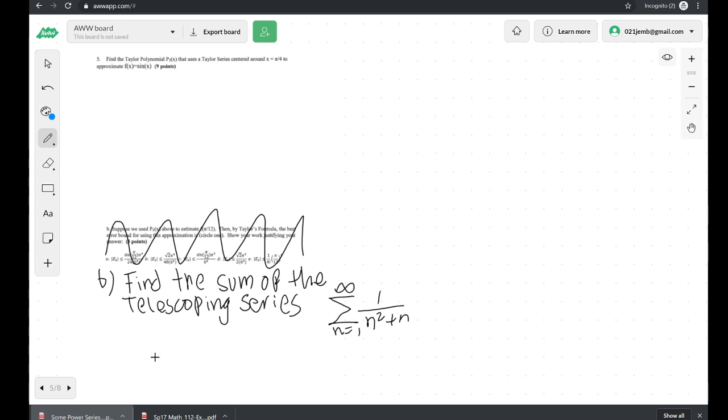So for question 5, we're going to find the Taylor polynomial P3 of x that uses a Taylor series centered around x equals pi over 4 to approximate f of x equals sine x. Now for this question, the Taylor series around some point a is going to be the sum from k equals 0 to infinity of the kth derivative of f at a times x minus a to the power of k divided by k factorial.